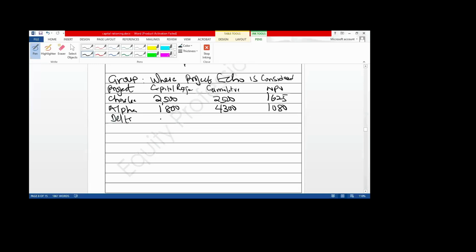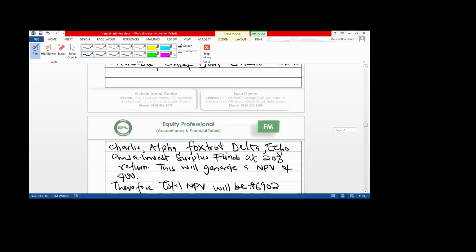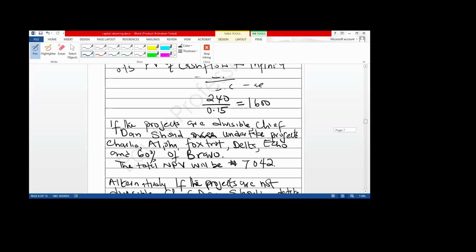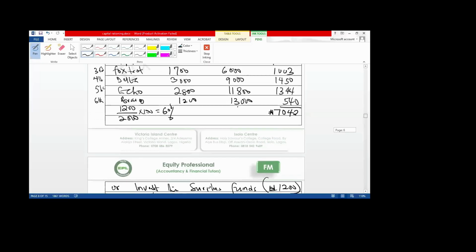Data. Amount is 3,000. That will give me 7.3. The NPV of data, $1,450.